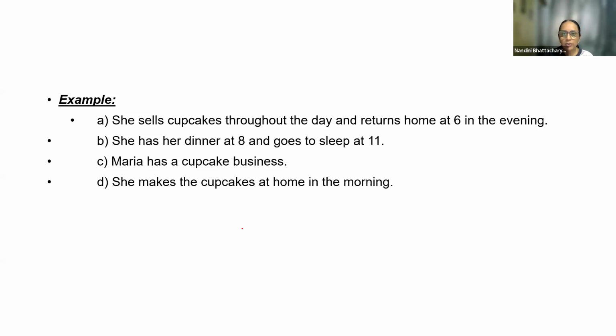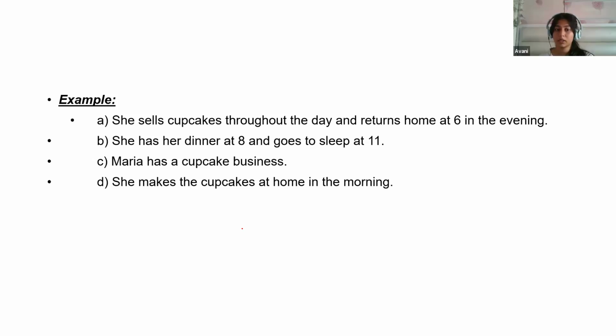Next, what are we getting to? We see some timings given to us. So there could be a timeline to it or a chronological order based on the timings. So now if we look at the introduction, what will the introduction be? Maria has a cupcake business. Now what can come next?